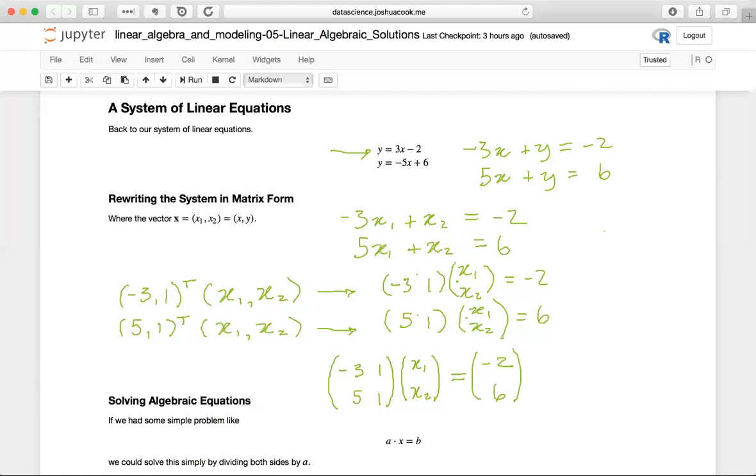I can rewrite this in matrix form as A x equals B. And you see me putting a line above my vectors. That's because I can't write in boldface. So this is A the matrix times x the vector equals B the vector. And here x is x1, x2, and B is negative 2, 6.